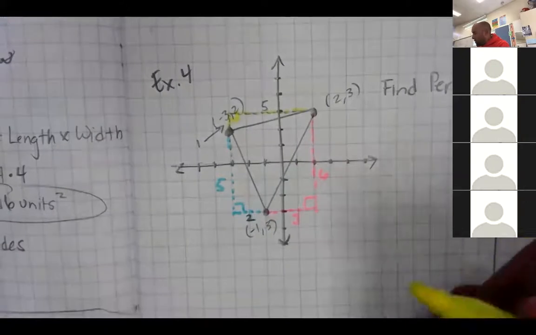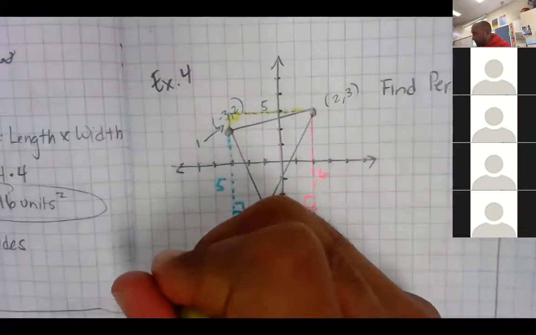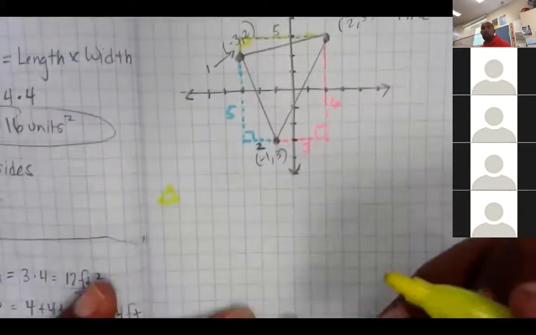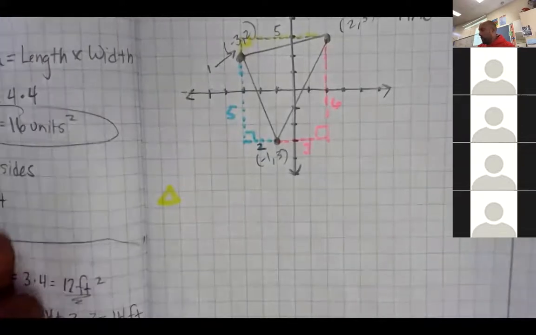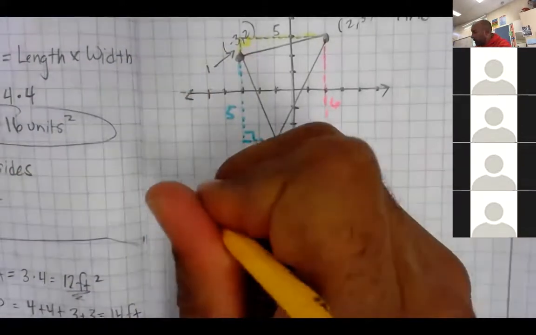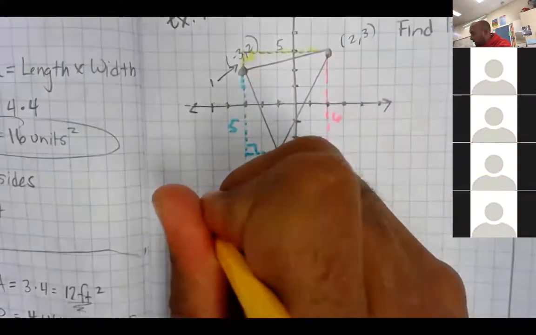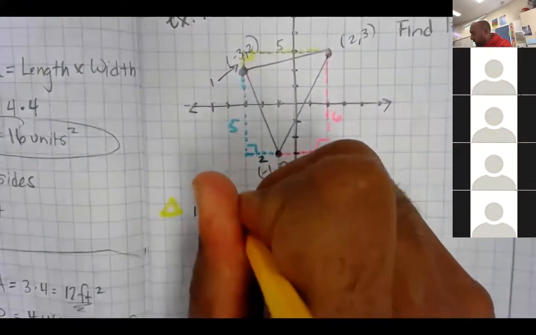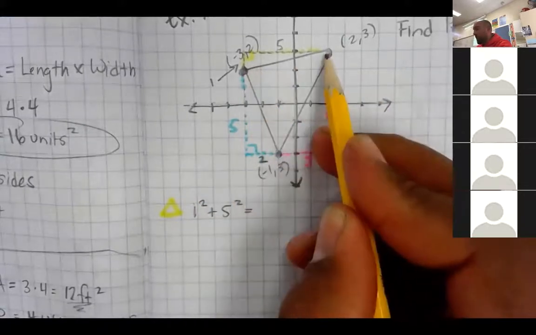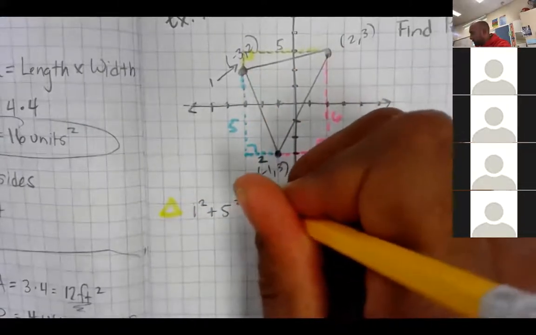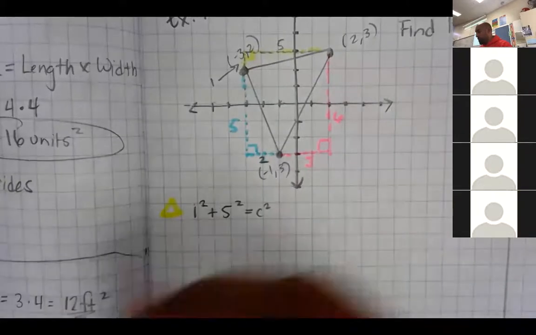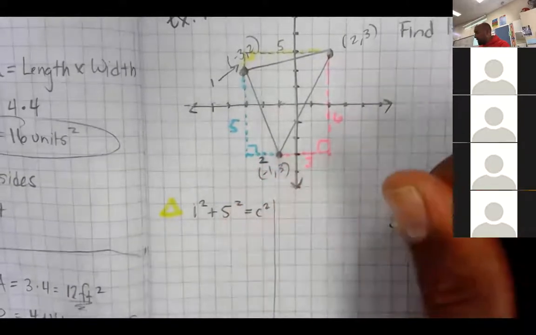So now what I have to do is set up the Pythagorean theorem for each of these triangles. For the first one on the top, I set up the legs squared: 1 squared plus 5 squared equals that missing length, c squared. I'm going to do this 3 times.